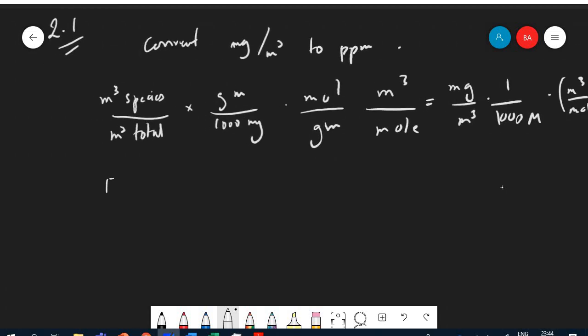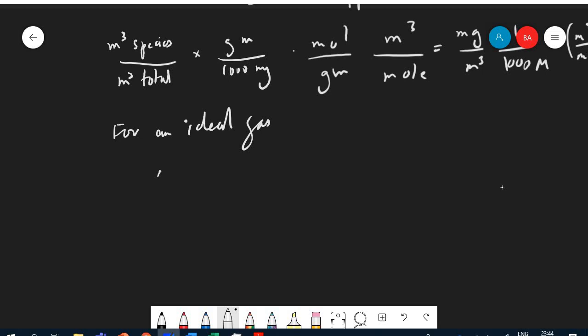So if you talk now about an ideal gas, 1 mole is going to be equal to 22.4 liters, and that is obtained at the standard STP.